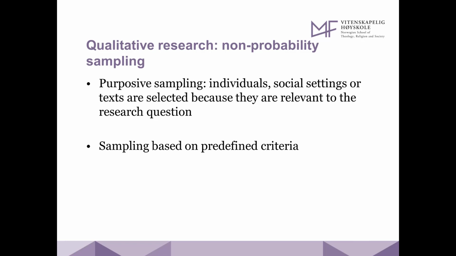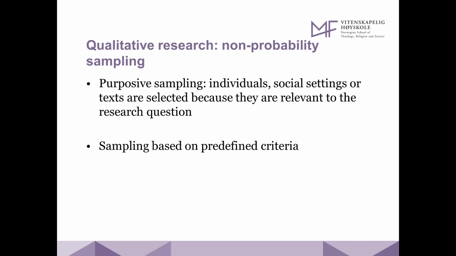So it's your research questions that define who will be relevant or what will be relevant as your sample. And in the method section of your project, in a thesis, that's the method chapter, you have to specify which criteria you used for sampling. And sometimes these criteria are so obvious that you might not even think about them as criteria.